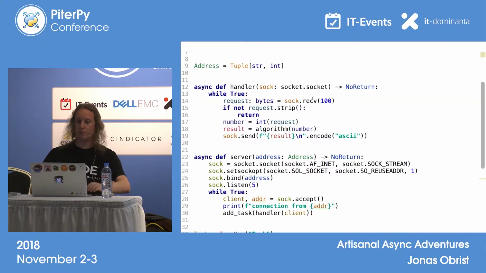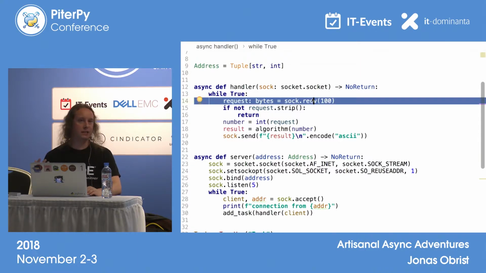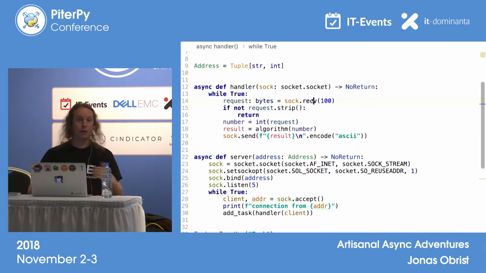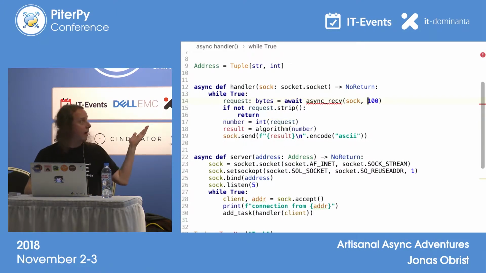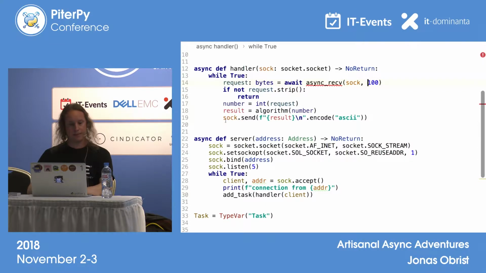If we go from top to bottom, the first one is the socket receive call. That will block until the client sends us data. So we need to change this to await async_receive, pass it the socket and the number. I will implement this in a second. Next, we have sock send. Send could block if the pipe to the connection to the client is blocked.